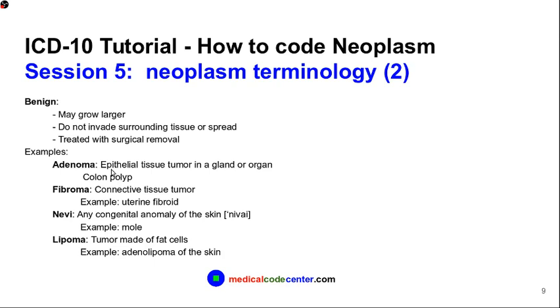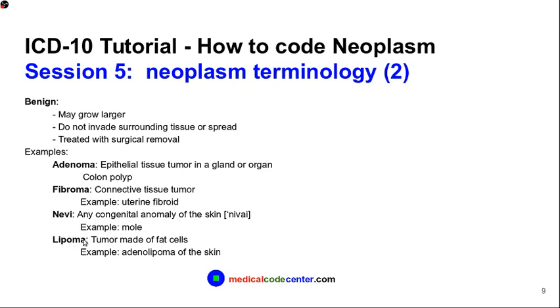This is an epithelial tissue tumor in a gland or organ. For example, colon polyp. That's a type of adenoma. And then you have fibroma, which is the connective tissue tumor. For example, uterine fibroid. And then you have the nevi, any congenital anomaly of the skin, for example, mole.